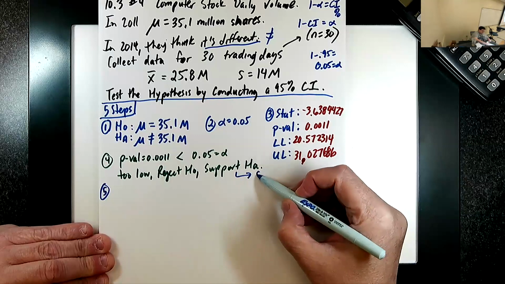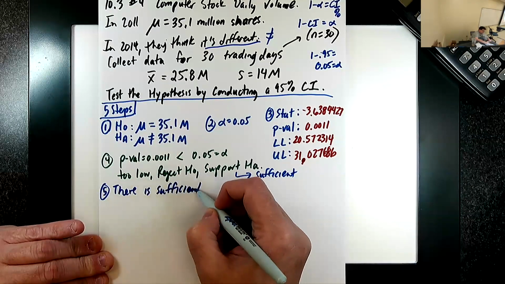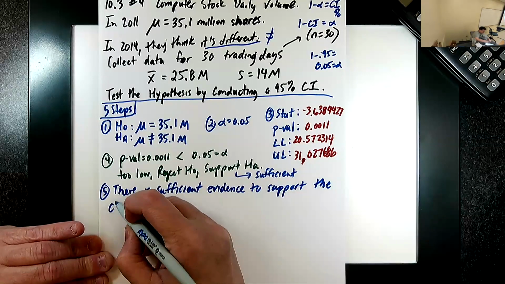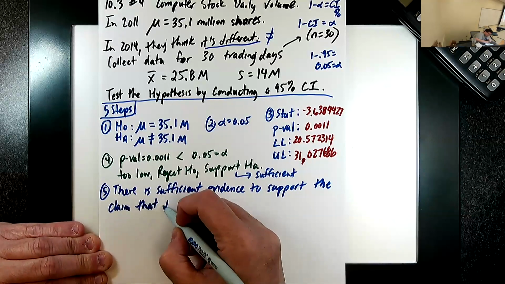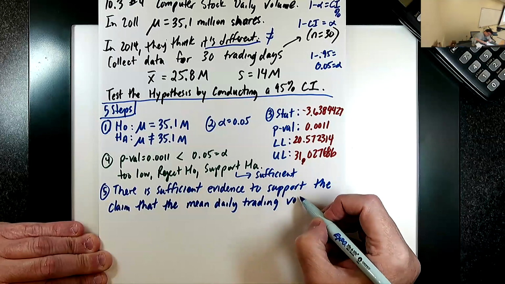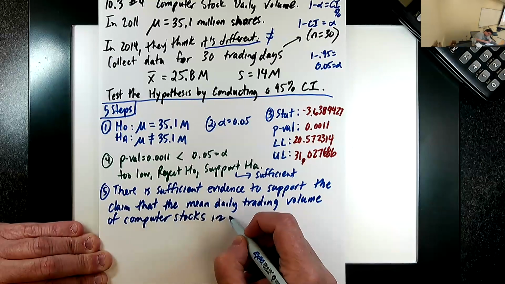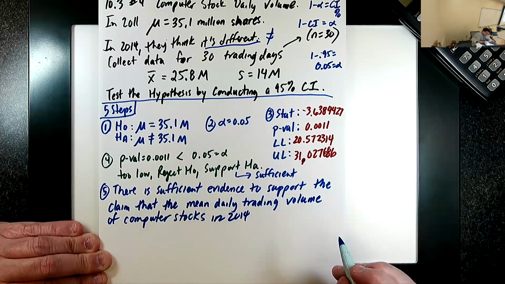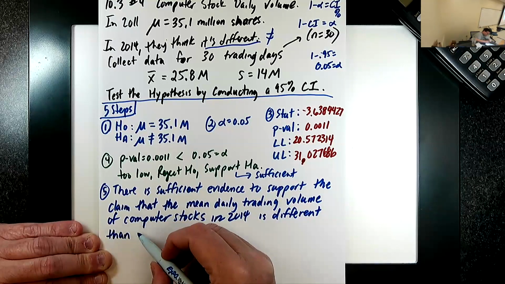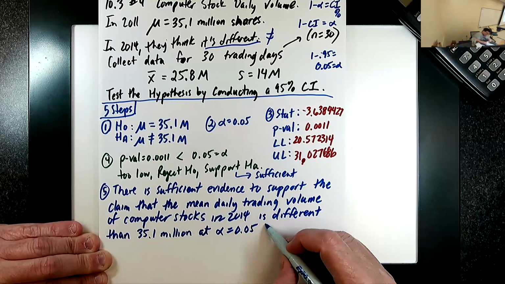Support HA means there is sufficient evidence to support the claim that the mean daily trading volume of computer stocks in 2014 is different than 35.1 million at alpha equals 0.05 level of significance.